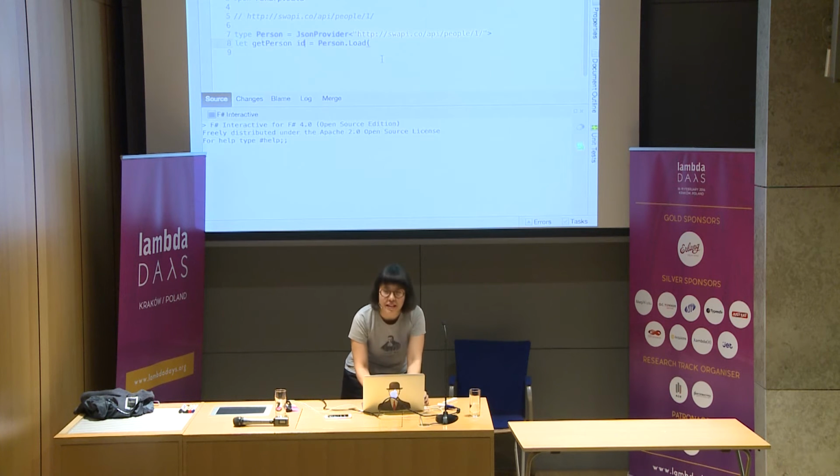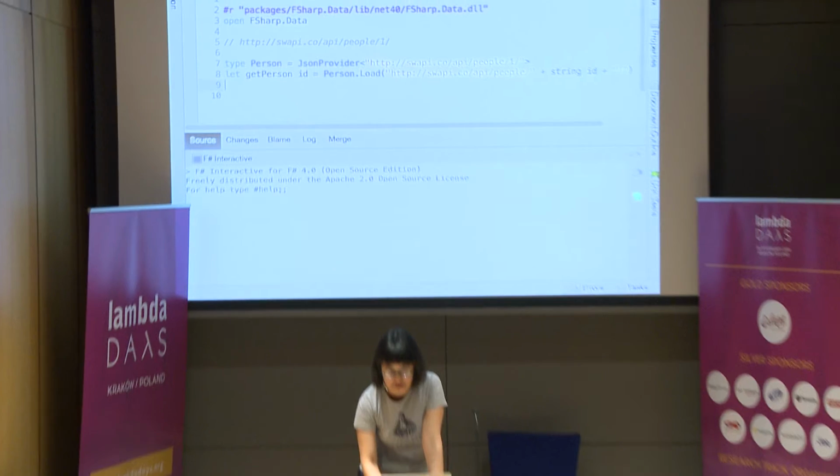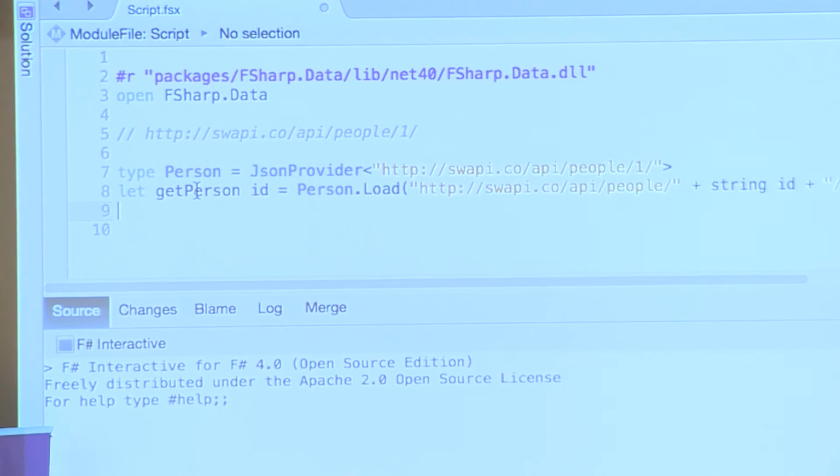And because they use IDs to get the actual results, I'm just giving it ID as an input. And let's just load the correct address. OK, now I have a function to get the person.